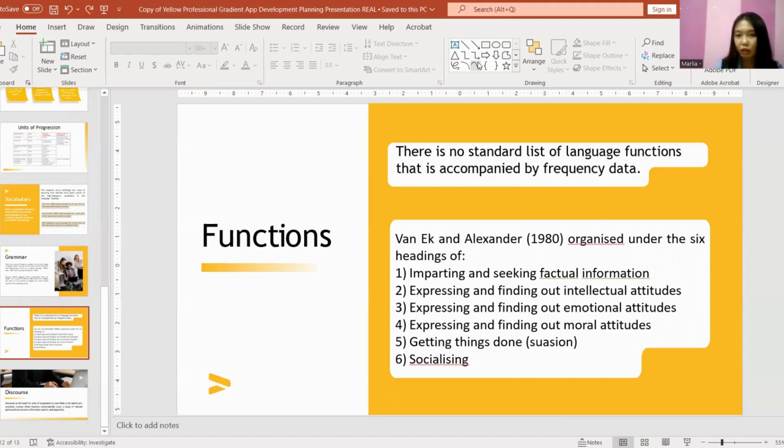Penn and Alexander in 1980 organized them under 6 headings: imparting and seeking factual information, expressing and finding out intellectual attitudes, expressing and finding out emotional attitudes, expressing and finding out moral attitudes, getting things done, and the last is socializing.